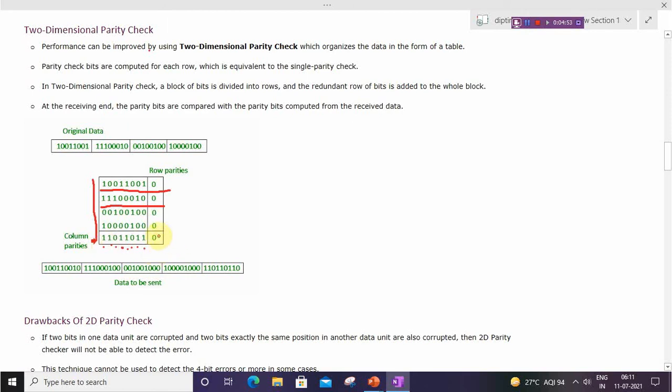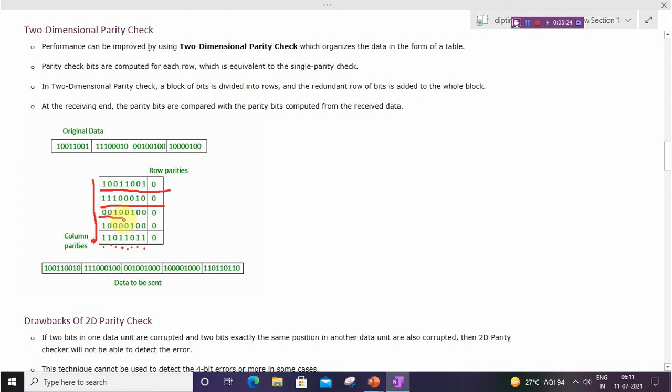So we have to add this data unit to the original data. The original data moves with the column parity and row parity. Means the first data unit will be 100110010, with the parity bit. And the second data unit will also be 111000100.